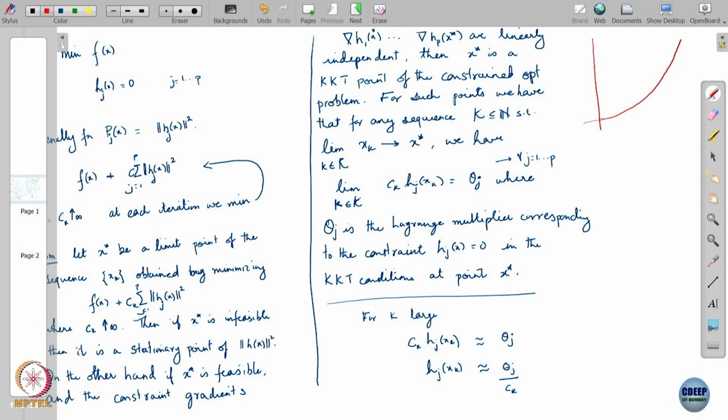That's the behavior of the penalty function p of t, which is equal to t squared. So, it is not quite doing a sharp penalization near the feasible region.